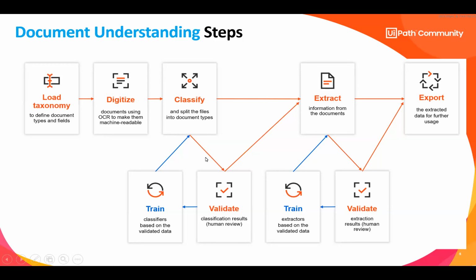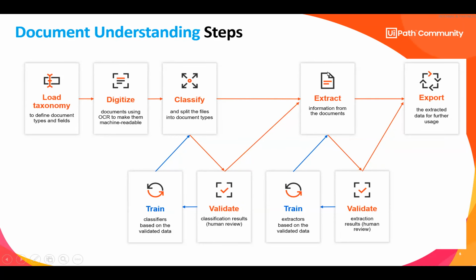You can directly send that invoice to human validation for classification and quickly jump to the next stage. But if you want to retrain, first of all, we have to send that document to the human for validation, and then we can retrain the classifier based upon the human validated data.